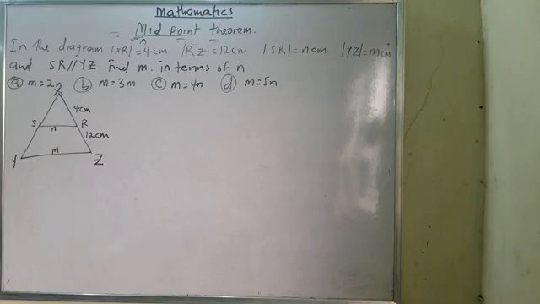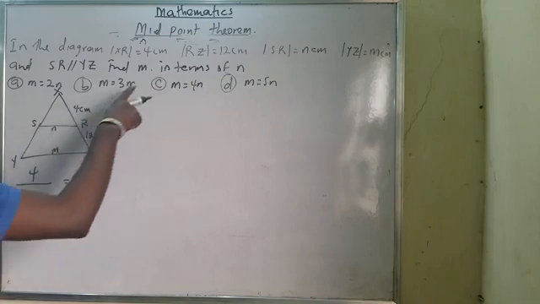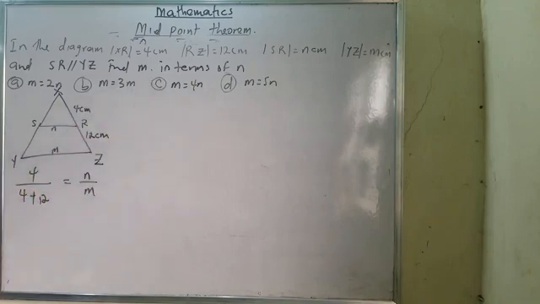What I just need to do, as I told you earlier, 4 will be divided by the whole line: 4 plus 12 equals n over m. Now, you are to express m in terms of n. It means you are making m the subject. It means 4m equals 16n.